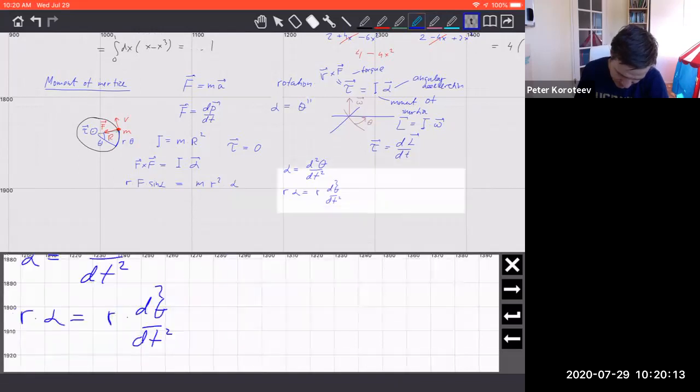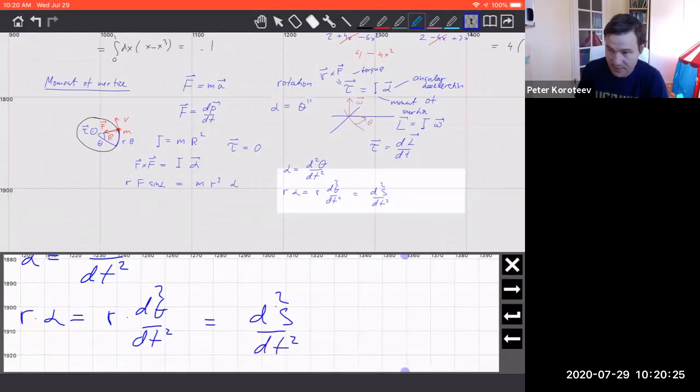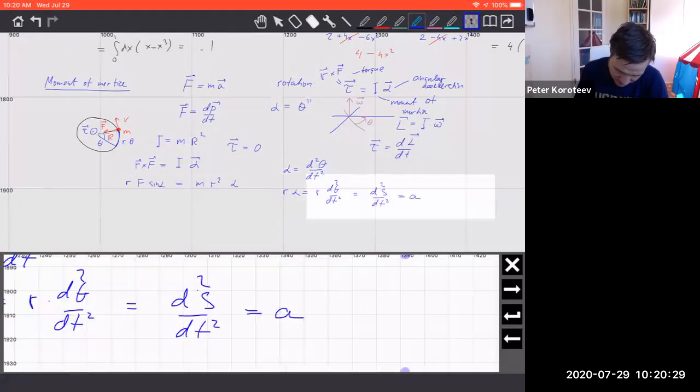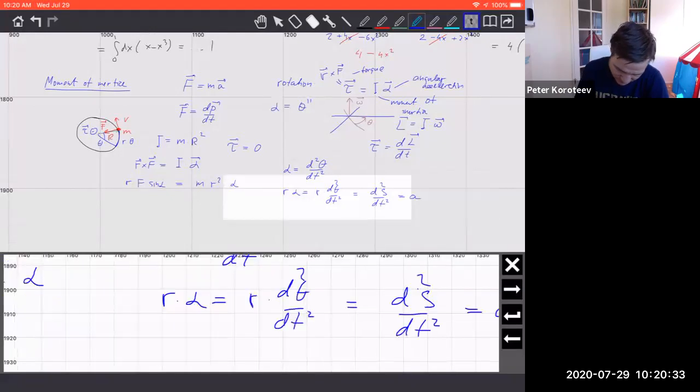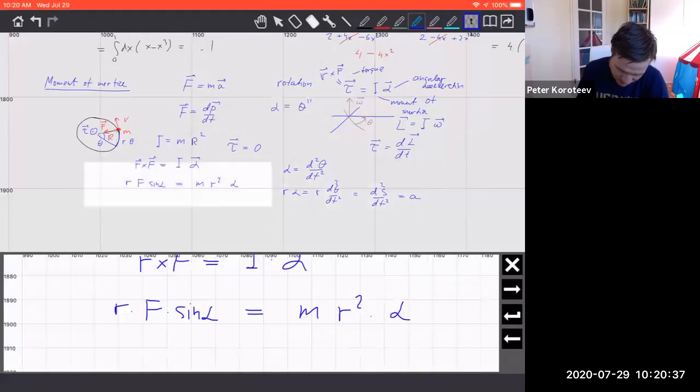The derivative is linear, so you can write it as d2 s over dt squared, where s is the arc length, which is the linear acceleration. So this is equal to r a, and one of the r's you can cancel.